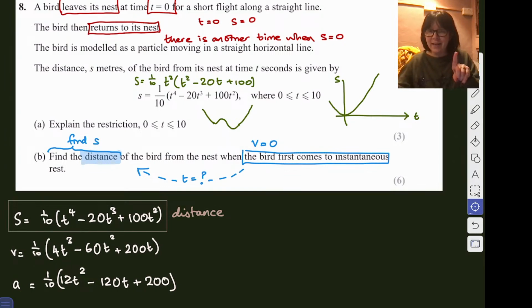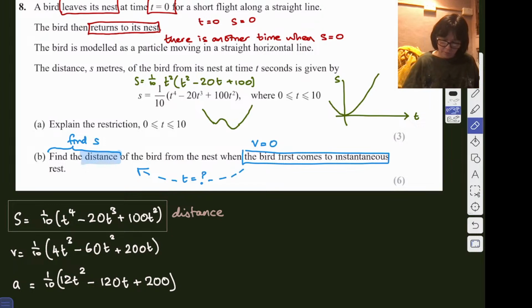So V is 0, so instantaneously at rest, it's going from the top of the VT graph to the bottom of the VT graph, turns round, comes back, S, which is the distance from the nest, starts getting smaller and smaller and smaller. Now the only bit of that quartic graph that behaves in that way, that the displacement or the distance from the nest gets bigger and bigger and then smaller and smaller, is that middle bit of graph.